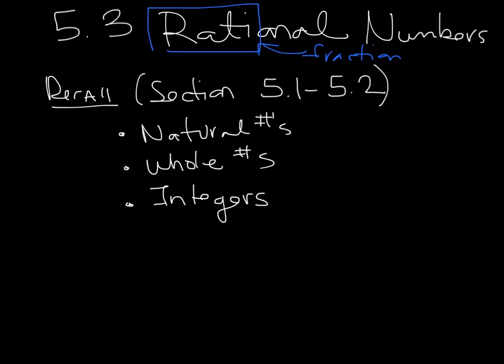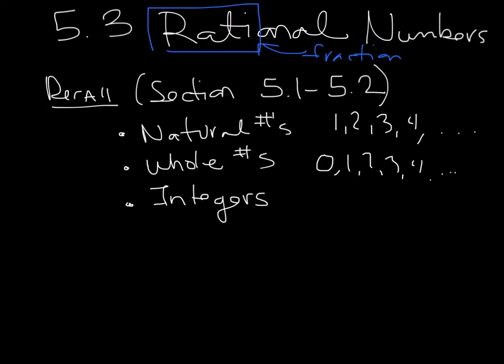Recall in sections 5.1 and 5.2 we talked about natural numbers. The natural numbers are just 1, 2, 3, 4, and so forth. The whole numbers are 0, 1, 2, basically 0 plus the natural numbers. And then finally the integers.